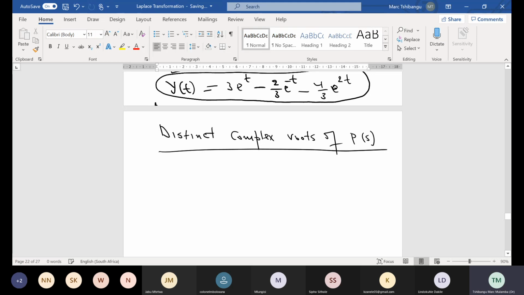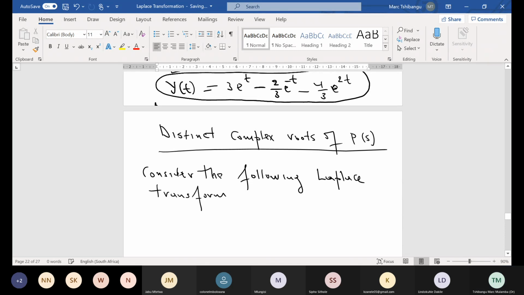So let's consider the following Laplace transform. Y of S equals S plus 1 over S squared minus 2S plus 5.